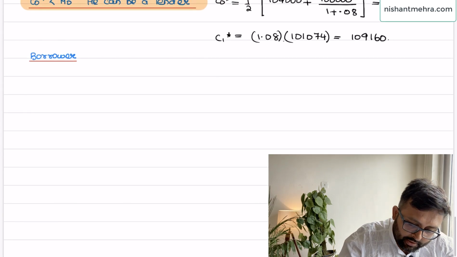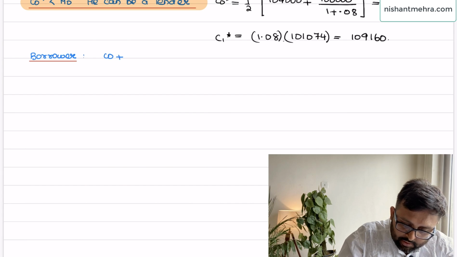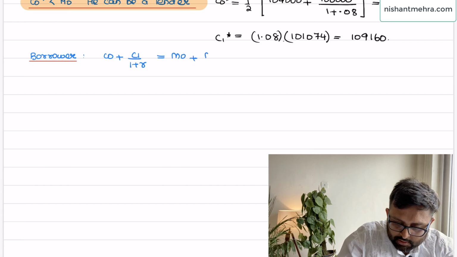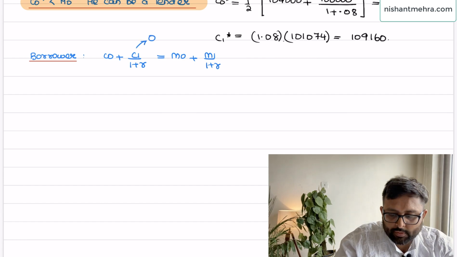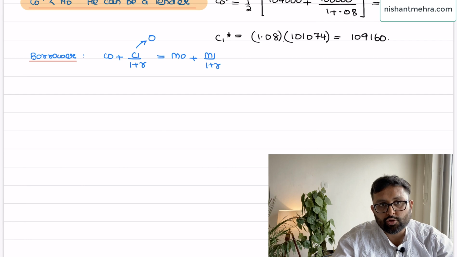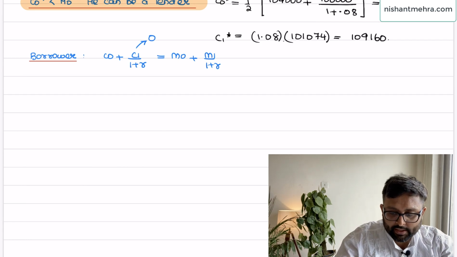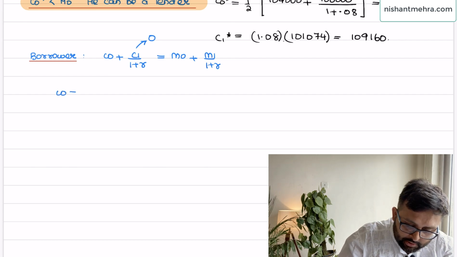So what will that be? My budget was C naught plus C1 upon 1 plus R is equal to M naught plus M1 upon 1 plus R. Beta, I am not consuming anything today, so my C naught intercept on the horizontal axis will be this.